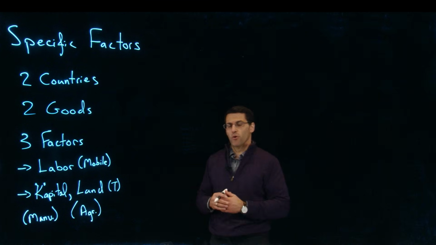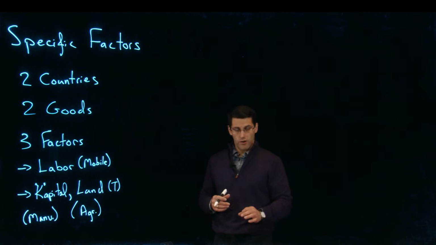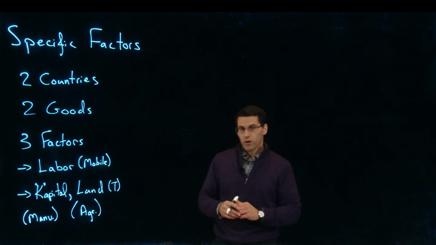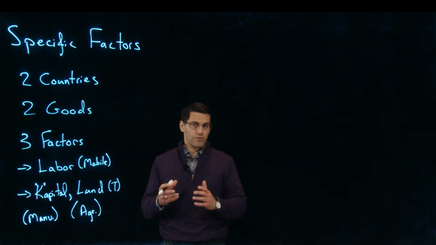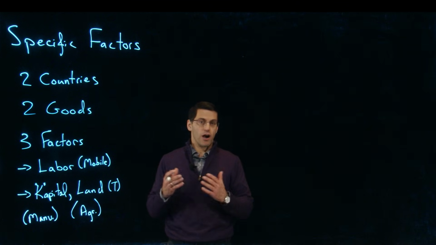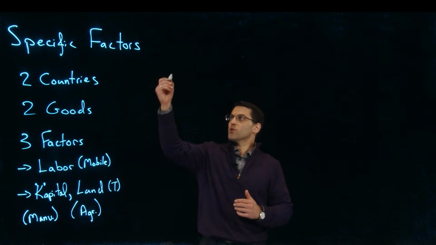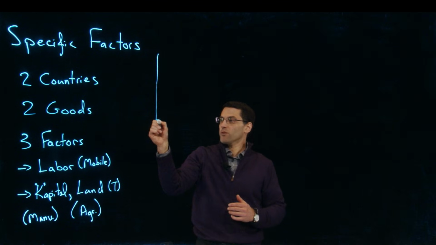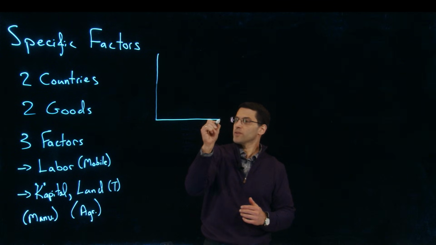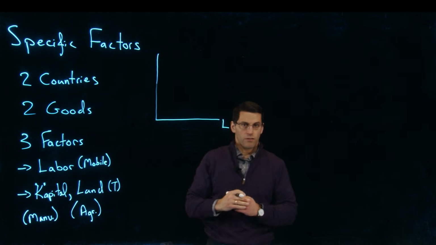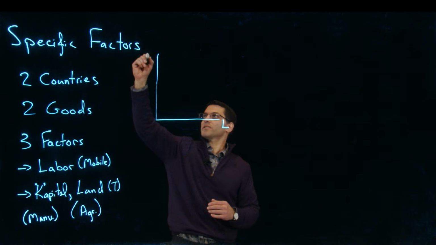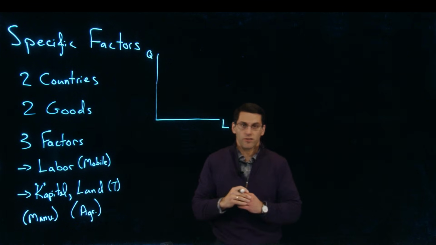Now, one other important difference between the Ricardian model and the specific factors model is that we're no longer assuming marginal productivity of labor as being constant. So if you think about any of our industries here, and again, we're going to have two, we put L on the x-axis, and we'll have our quantity, our output, on the y-axis.